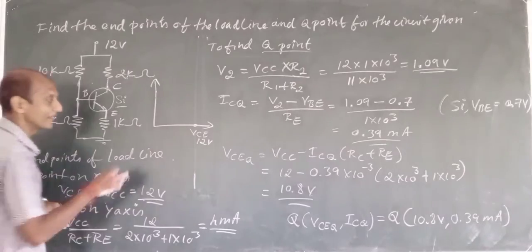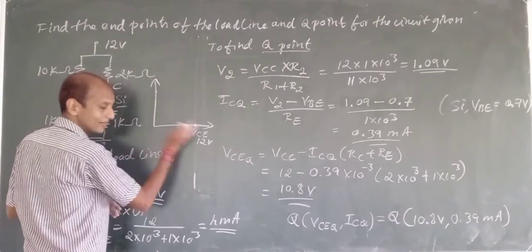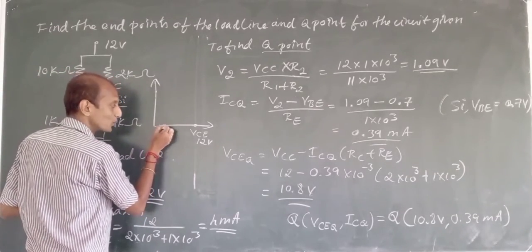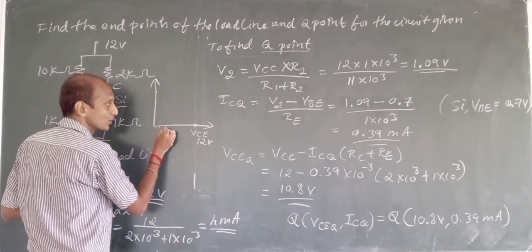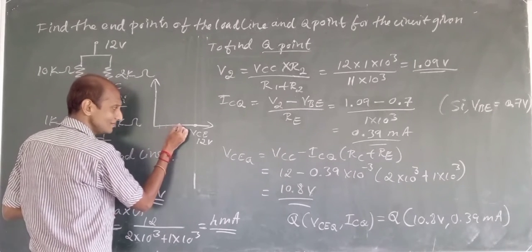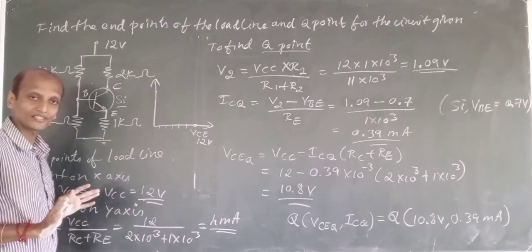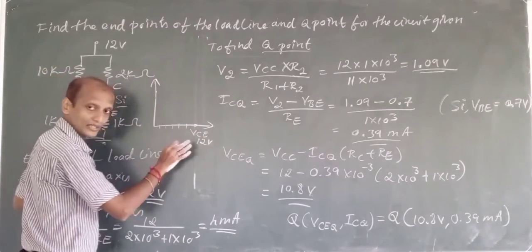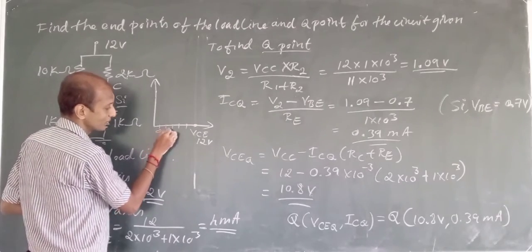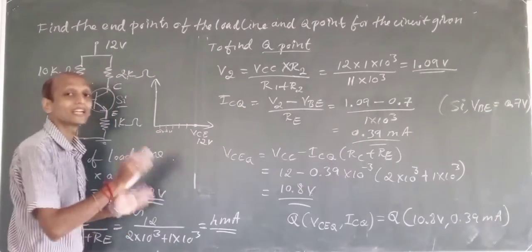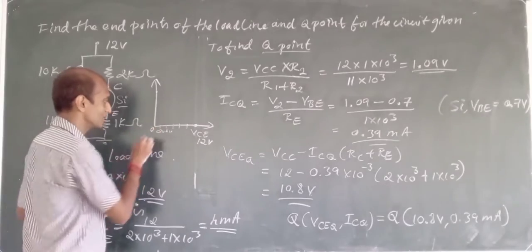Is that okay? So if I consider this, if it is 2 volts, this is 4 volts, 6 volts, then 8 volts, 10 volts, this is 12. Starting from 2 volts, 4 volts, likewise in that proportion. So this is 0.